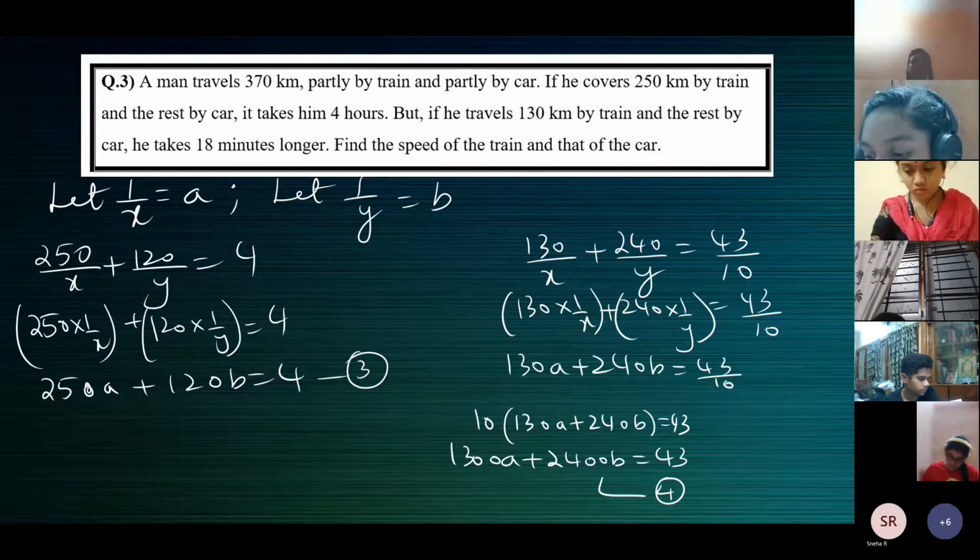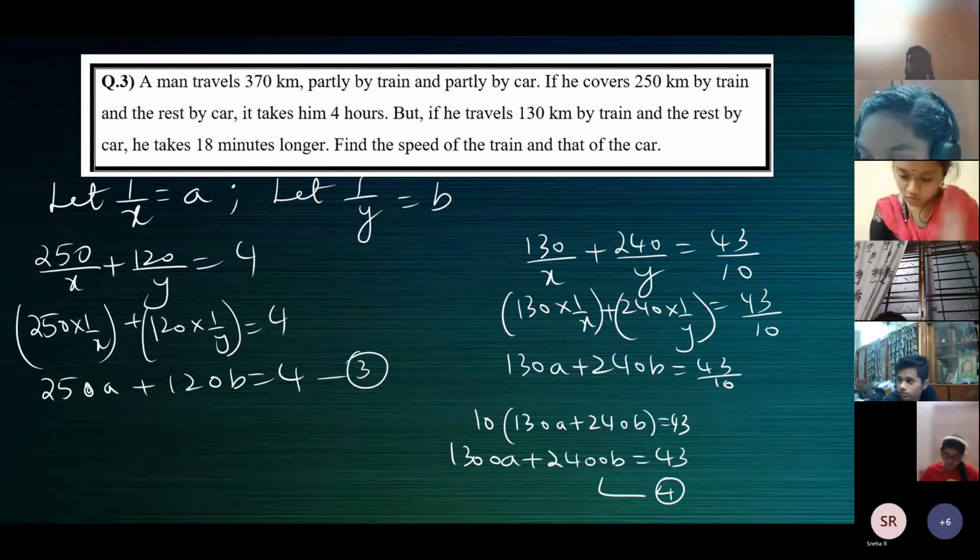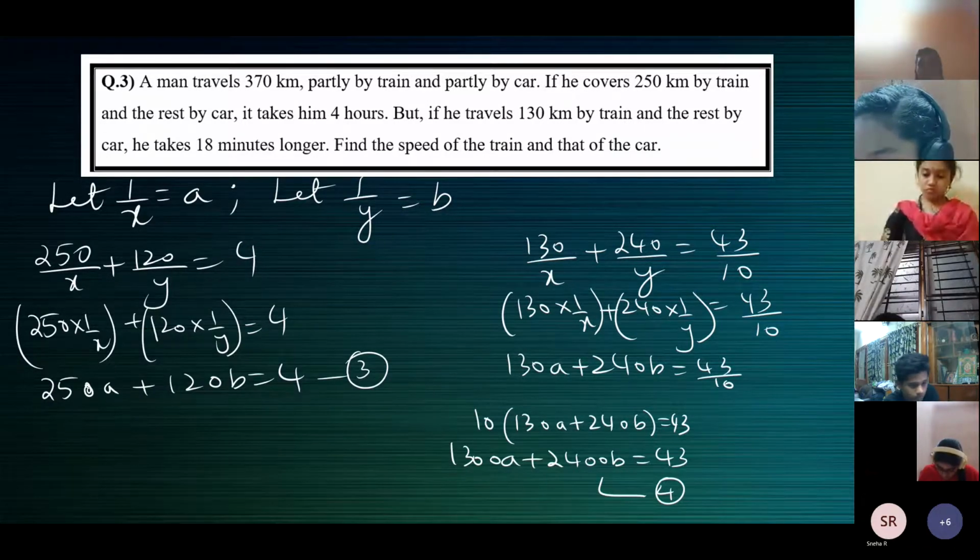Maybe you can use the cross multiplication method. Give the headings a, b, and minus 1. Not x, y. A, b, and minus 1. Solve the equations for a and b, and hence find the values of x and y, which will be the speed of the train and the speed of the car.